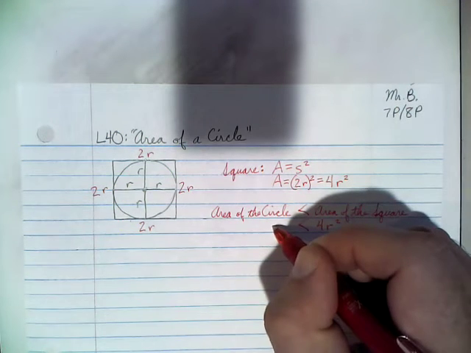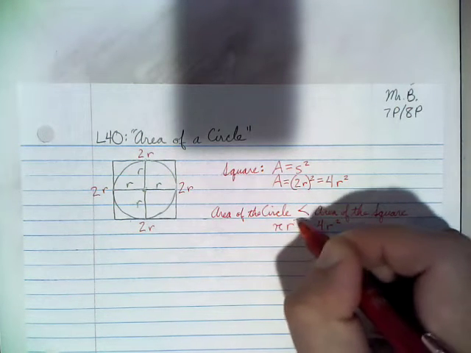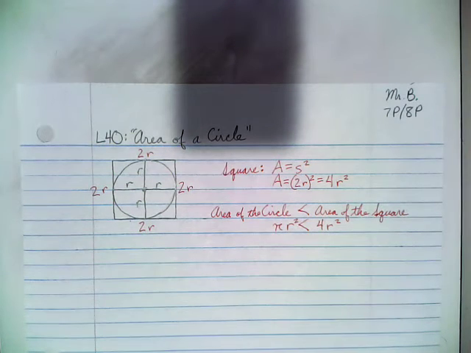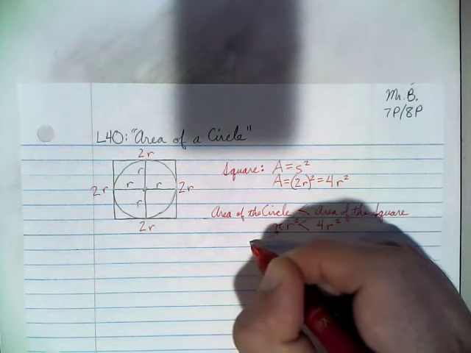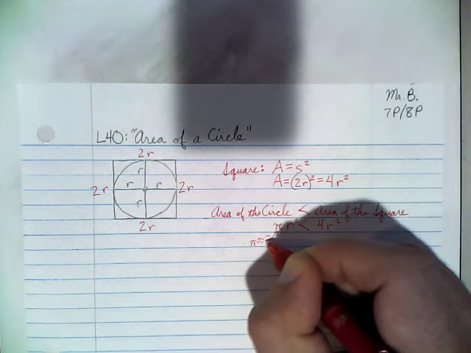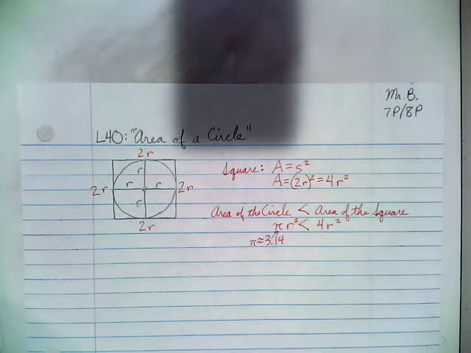In fact, it ends up being exactly pi r squared. So pi, remember, is approximately 3.14. So the circle takes up a little bit more than 3/4 of the square. And hopefully we can kind of visually see that.